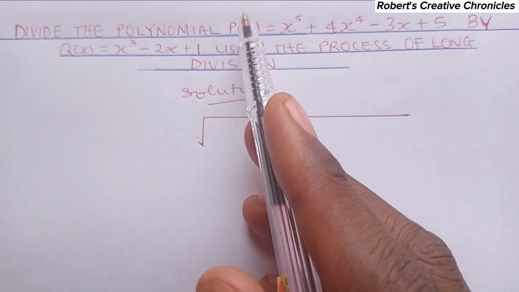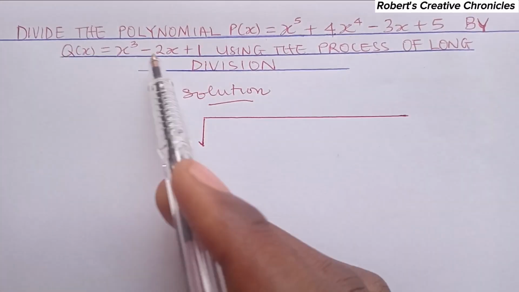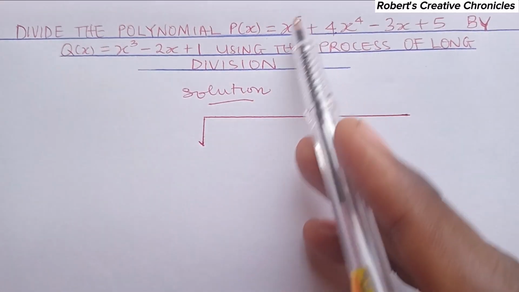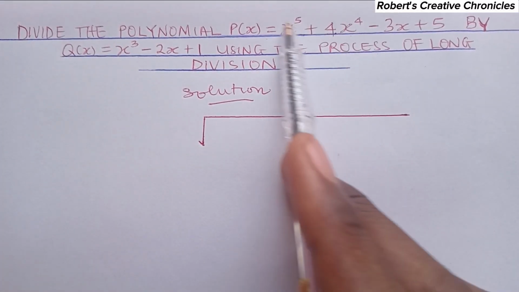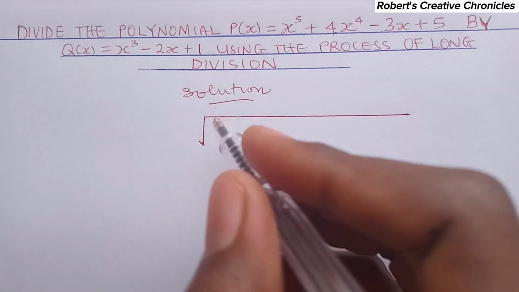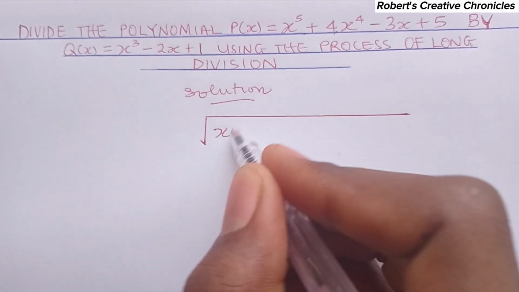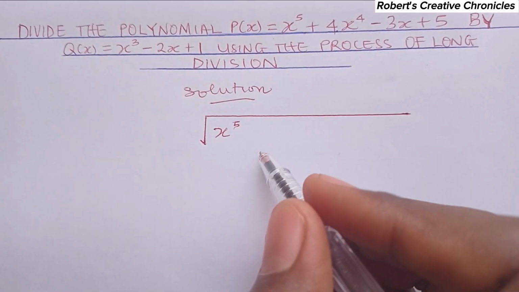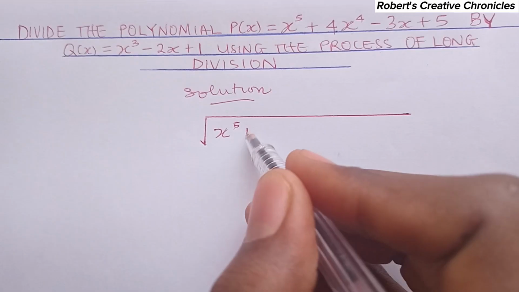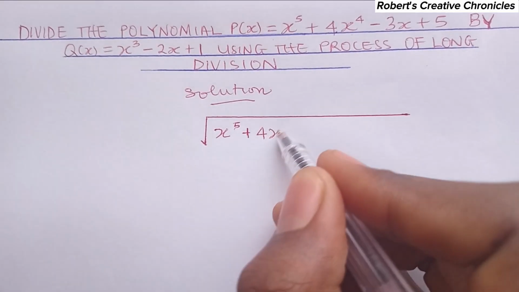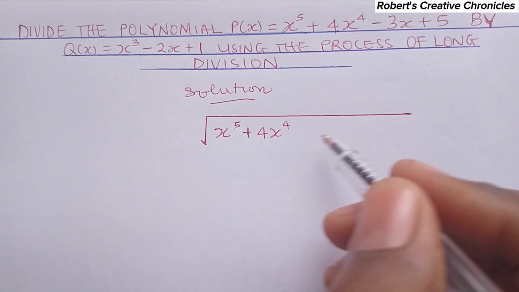Then we'll write the polynomial that you're going to divide, which is called the dividend. So we'll write this dividend inside here. x to the power of 5 plus 4x to the power of 4.